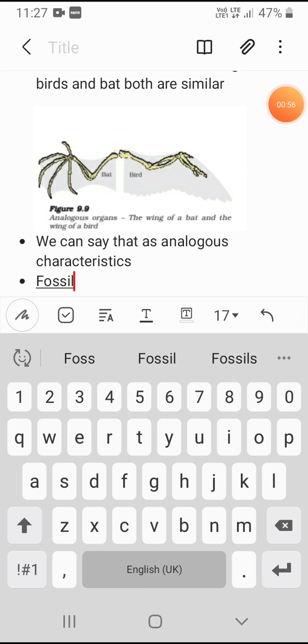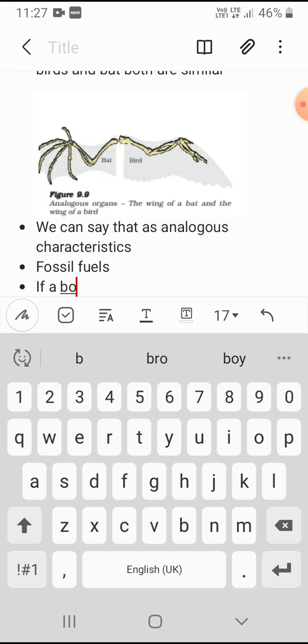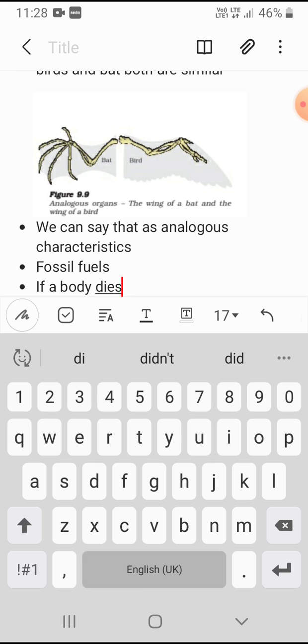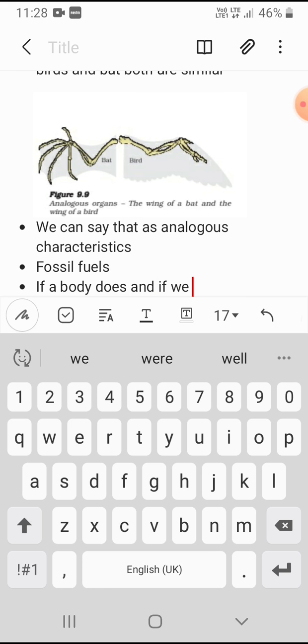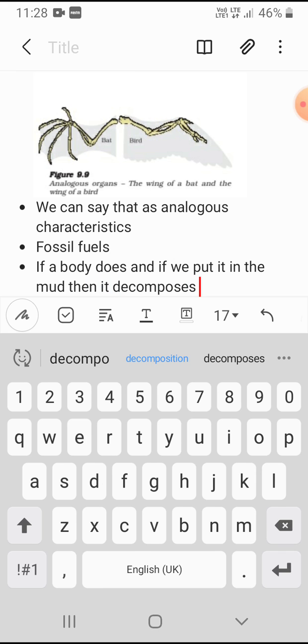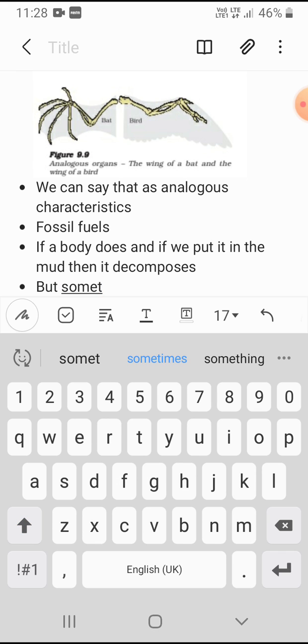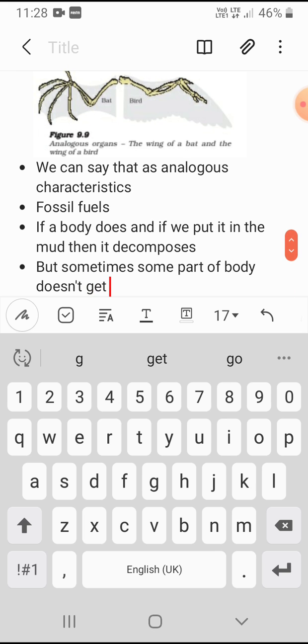Now, fossil fuels. As you know, if a body dies and is put in the mud, then it decomposes. We all know that. But sometimes some part of the body does not get decomposed.